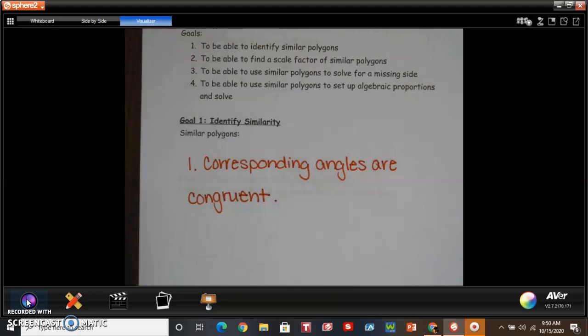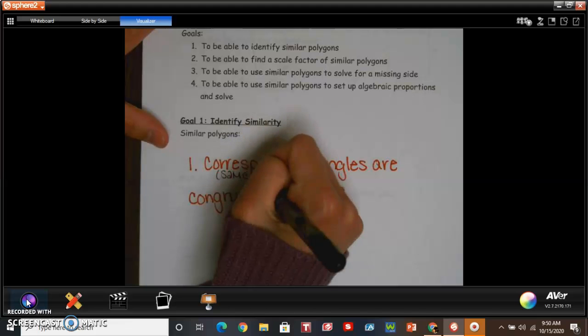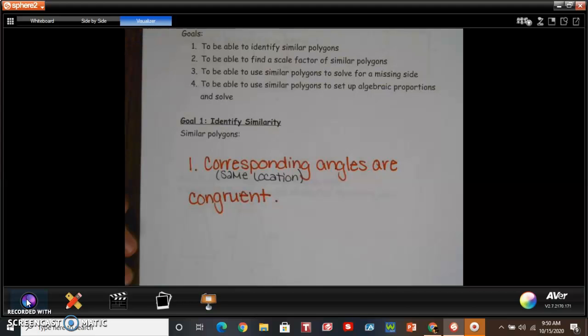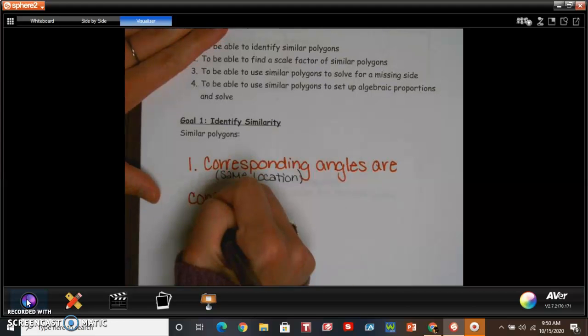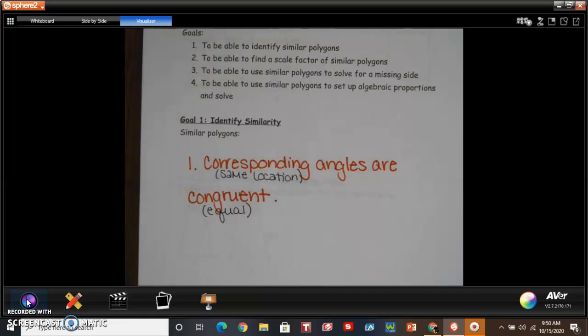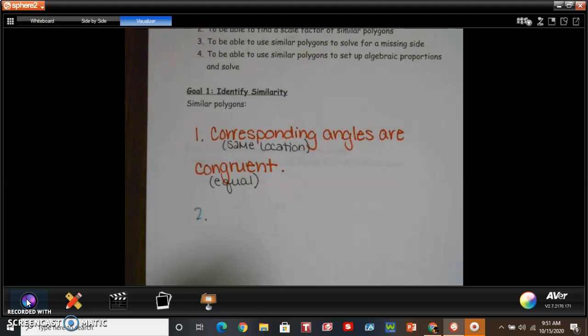Now, what does this mean? Remember, corresponding means they're going to be in the same location. And congruent means they're going to be equal.